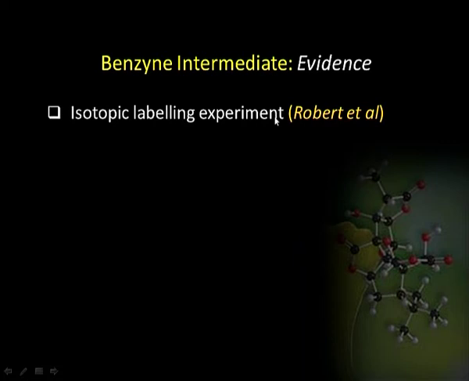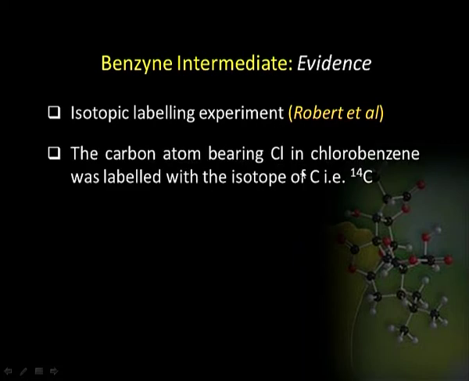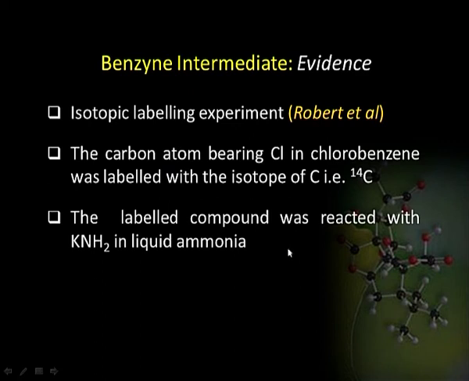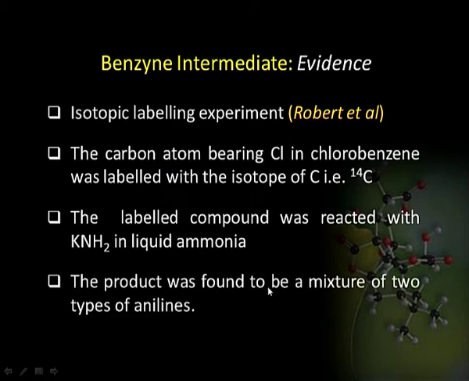and co-workers. The carbon atom bearing chlorine in chlorobenzene was labeled with the isotope of carbon, that is 14C. The labeled compound was reacted with potassium amide in liquid ammonia. It was observed that the product was a mixture of two types of anilines.